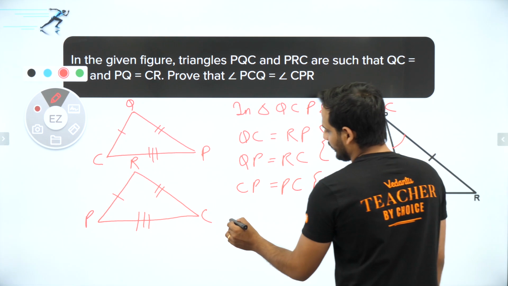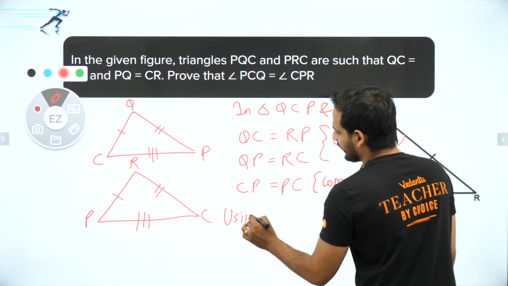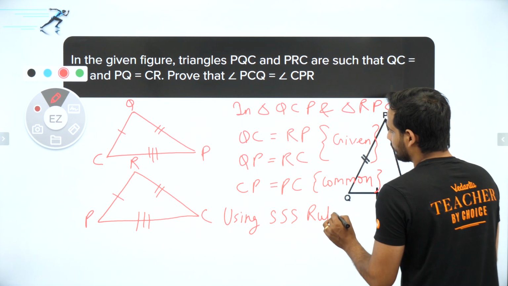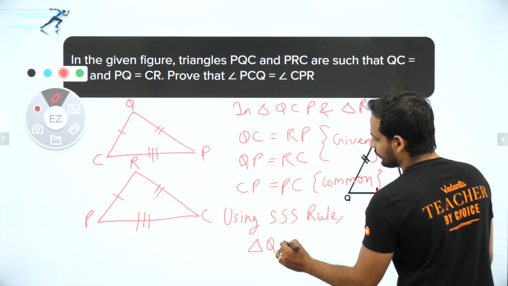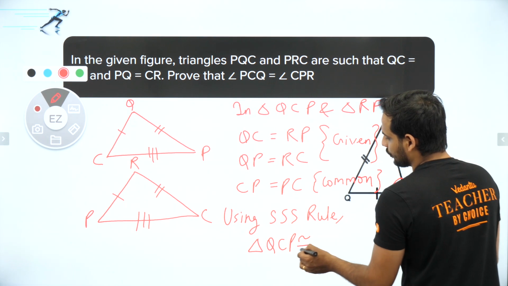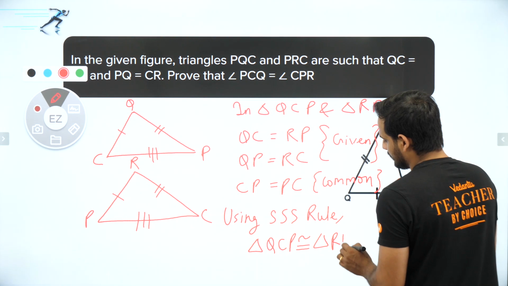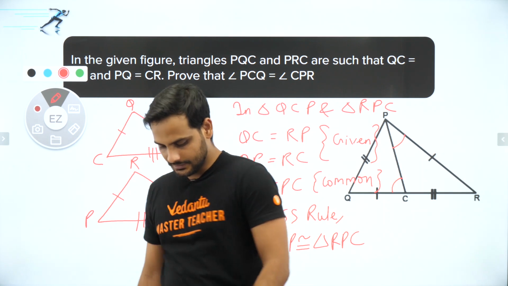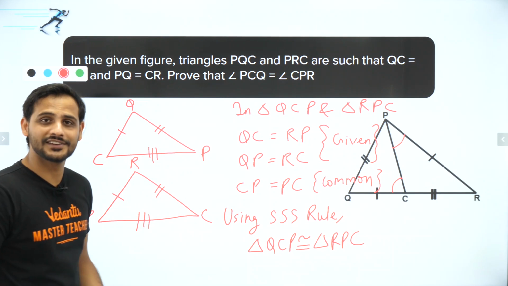So using the SSS rule, I can say that triangle QCP is congruent to triangle RPC. So this is how this question is solved.